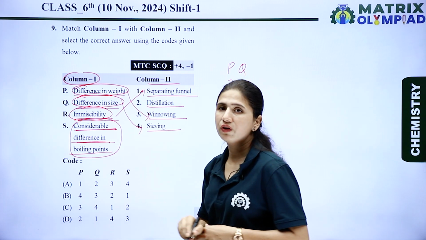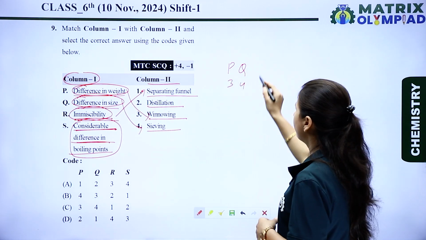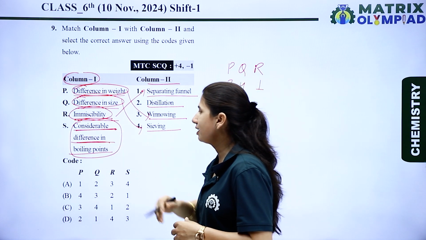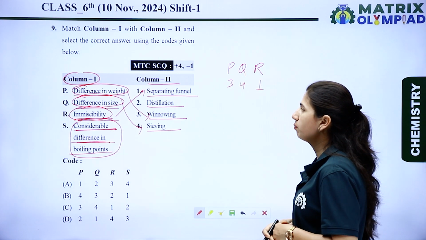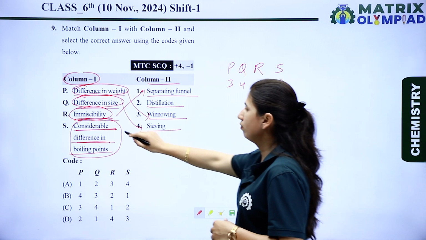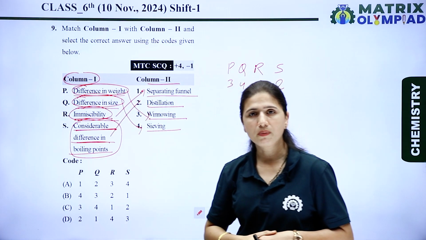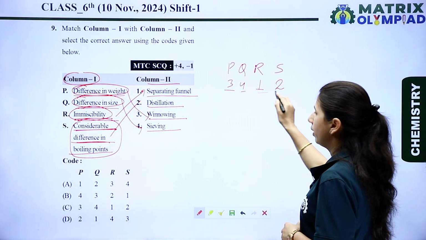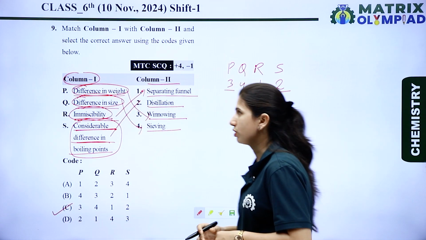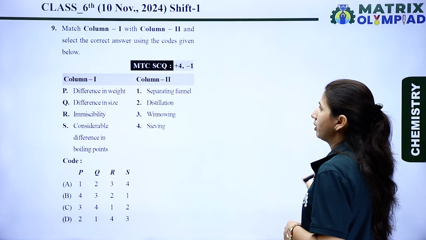Immiscibility: the separating funnel method is used for immiscible substances. So R matches with first, and S is considerable difference in boiling point. For S, the distillation process is suitable for these types of components. So 3, 4, 1, 2. It means C is the right option for this question. Now let's see the next one.